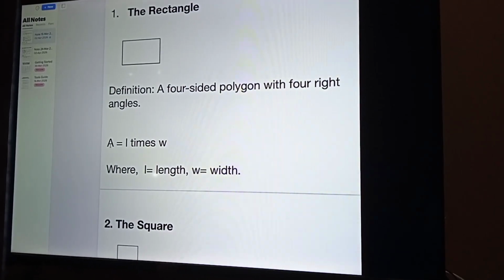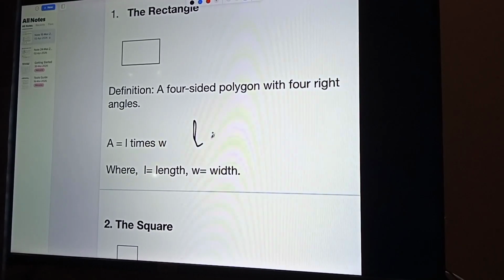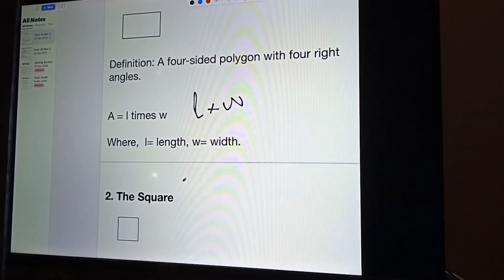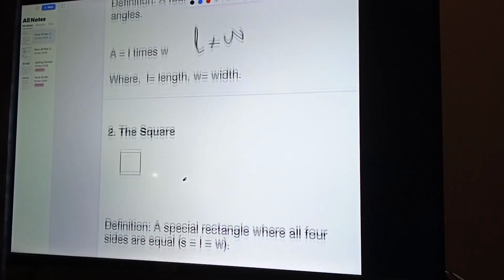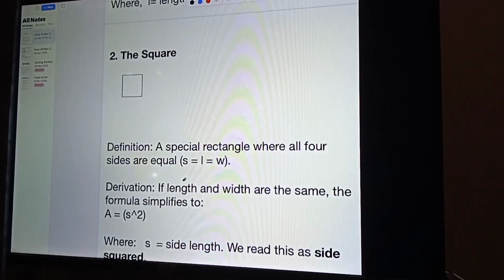So area, where area is represented with A, is length L times width W, where L is for length and W is for width. The second one comes the square.